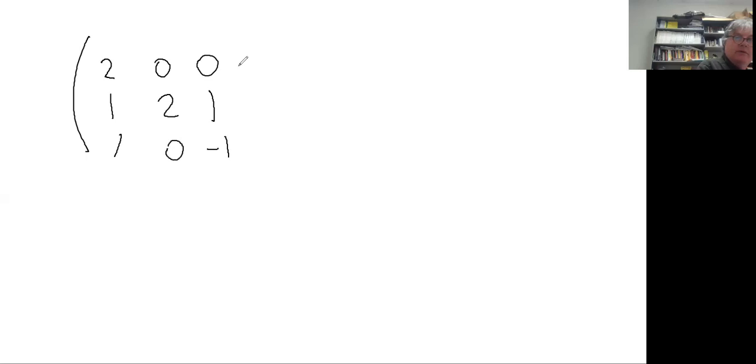This one kind of looks scary because it was a 3 by 3 matrix, but it actually wasn't that bad. Because we see what the eigenvalues are going to be. We're going to have a 2, right?